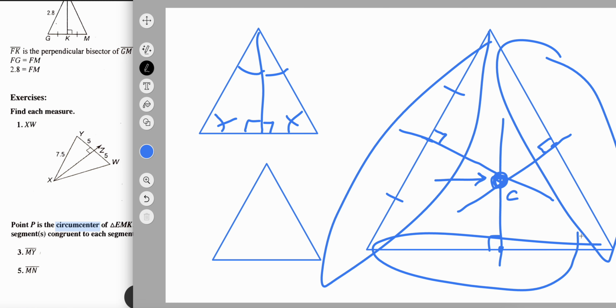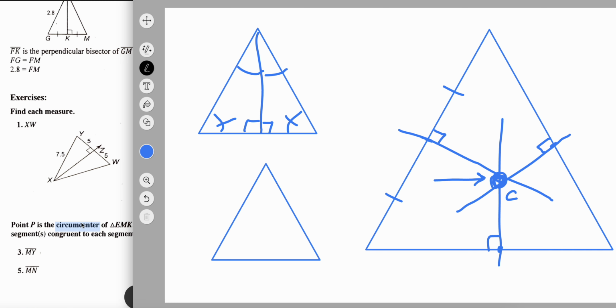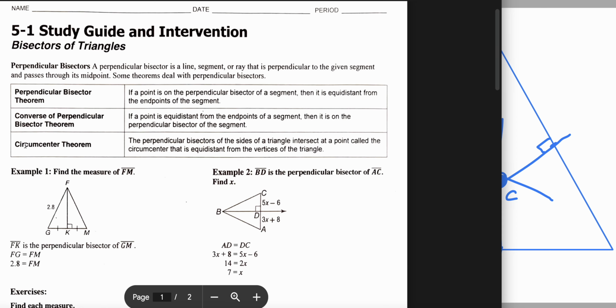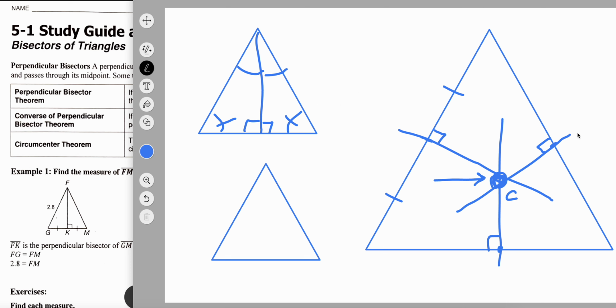Okay, so once we have the circumcenter, this theorem up here, the circumcenter theorem, kicks in. What it states is that a circumcenter is equidistant from the vertices of the triangle. So you need to know what a vertex of a triangle is. If we look at this triangle over here, the vertices are the corners of the triangle. So here's one vertex, here's another vertex, and here is another vertex.